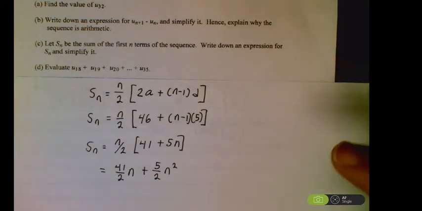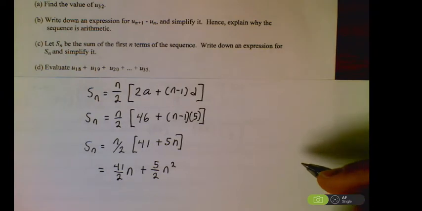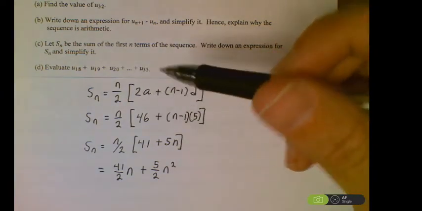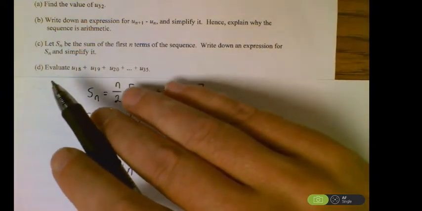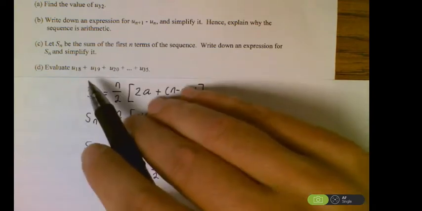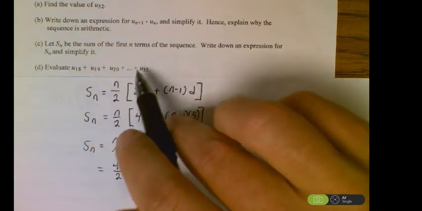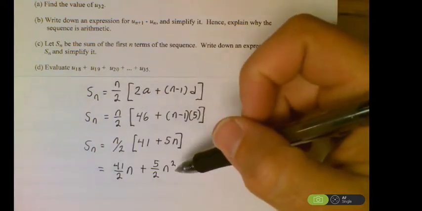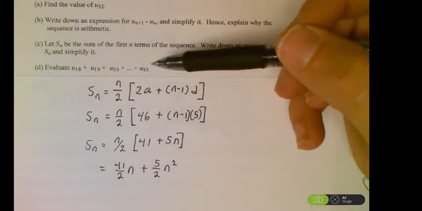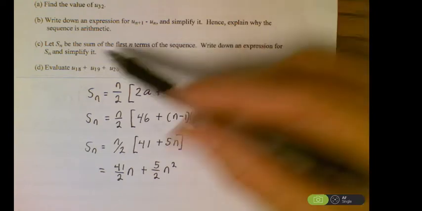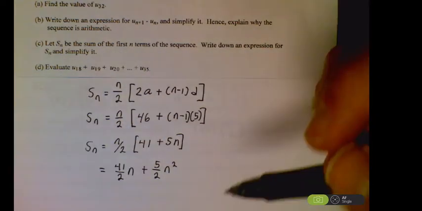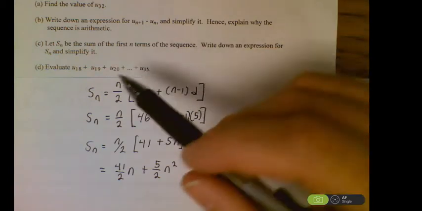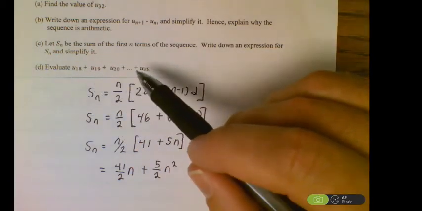So this one's a little tricky to think about. First things first, they don't want all 35 terms. They only want from terms 18 to 35. So in order to work with this expression, we're going to find the sum of all 35 terms and then subtract out the first 17 terms. And that's going to leave me with just this group right here.